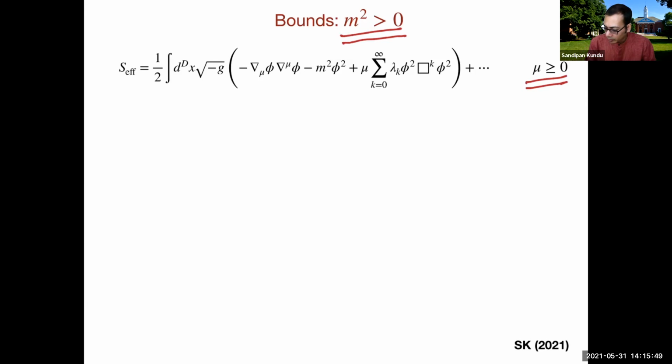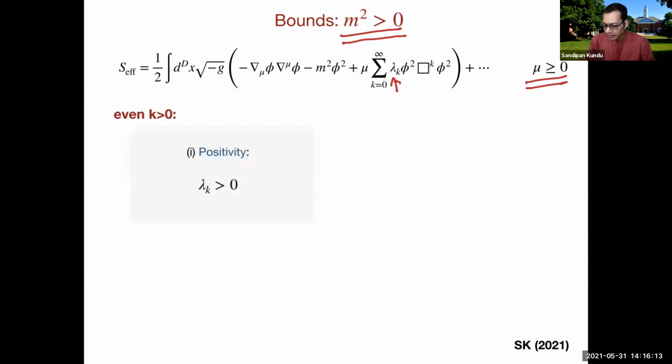And as I said before, I did not assume anything about these lambda coefficients. But it is expected, just from examples, that higher derivative interactions are suppressed by some cutoff scale where the coefficient is order 1. And one of the goals is to actually derive that statement.